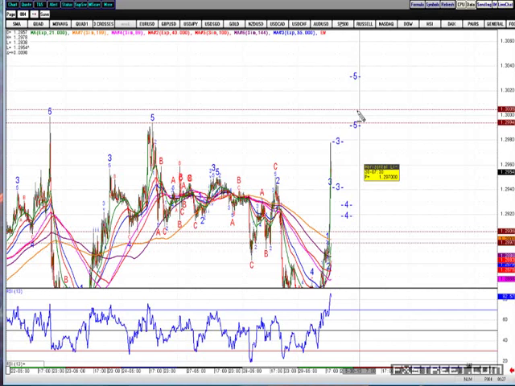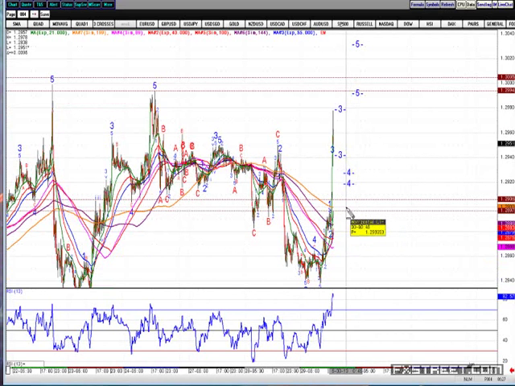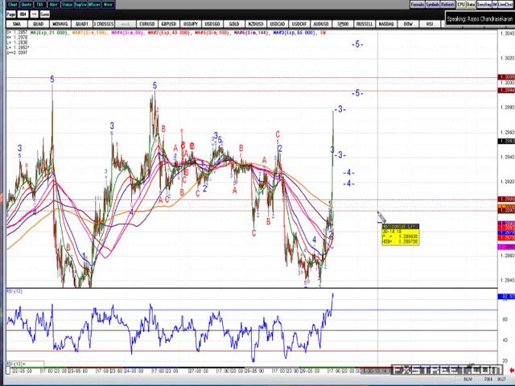If I want to be a conservative trader, I want to put my stop below 12905. And if I do not want to get stopped out, then the best level to put my stop is 12885 or 83, below 90. This is where I want to put my stop.